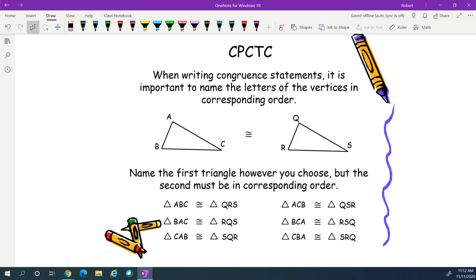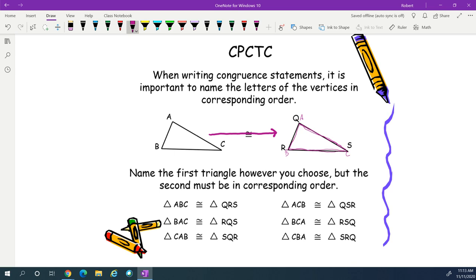If we just took triangle ABC and slid it over, A would land right on Q. B would land on R. And C would land on S. So we can actually just see which are the corresponding parts.